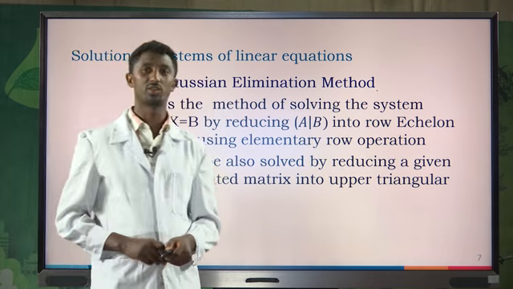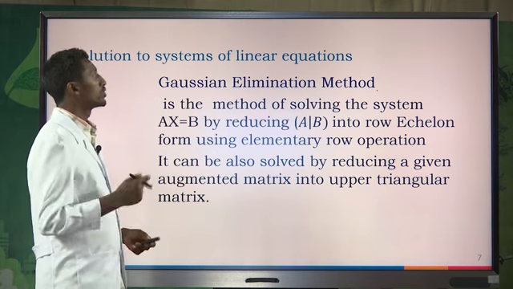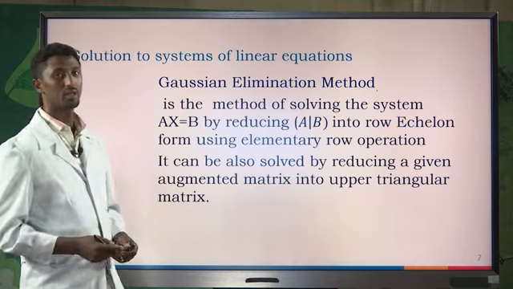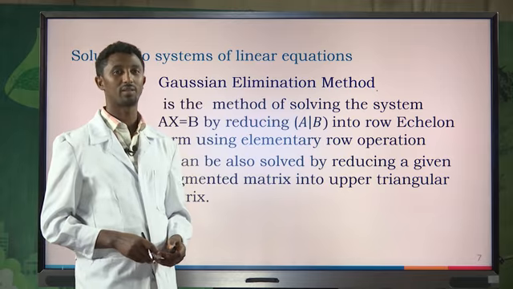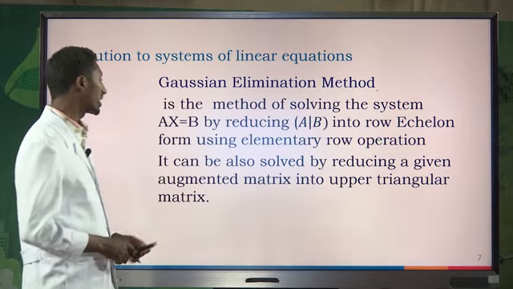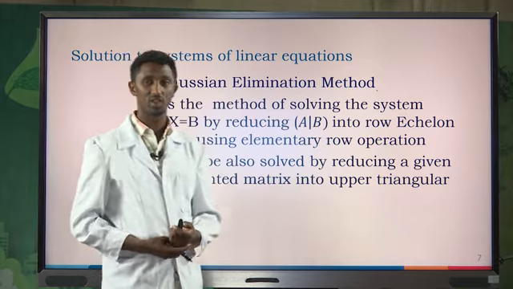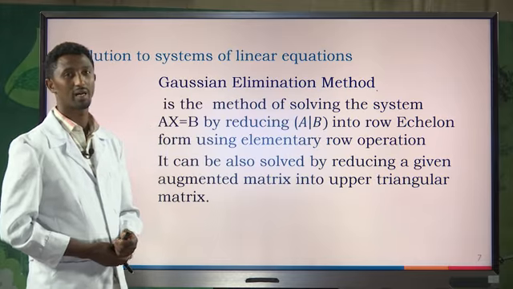You know what row echelon form is. Using the Gauss elimination method means reducing the augmented matrix into row echelon form, or into an upper triangular matrix.